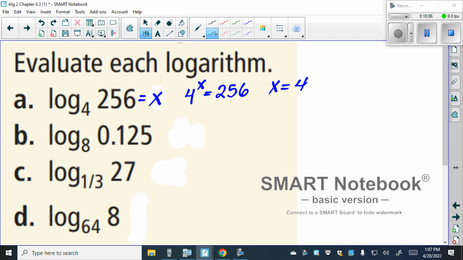So if we look at B, set this equal to x. So we're saying 8 to the x is equal to 0.125. It would be good to turn 0.125 into a fraction. And this is going to be 1 over what?